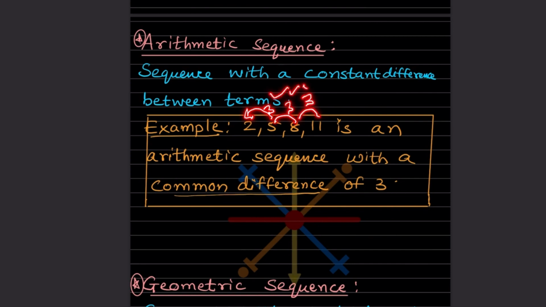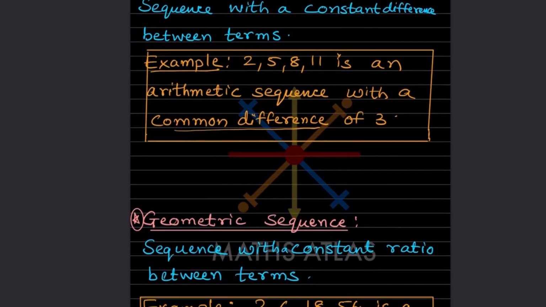This 3 remains constant, so this is an arithmetic sequence. The difference is constant, and here it is 3. Hope you got the arithmetic sequence.